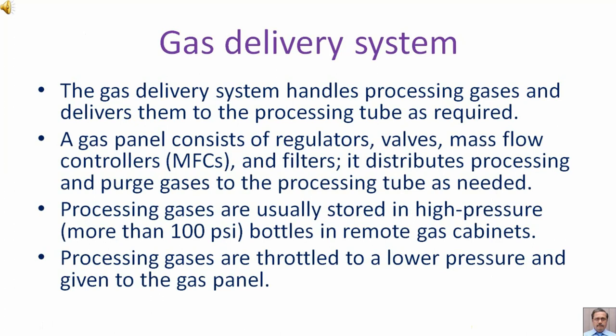It distributes processing and purge gases to the processing tube as needed. Processing gases are usually stored in high pressure bottles in a remote gas cabinet. Processing gases are throttled to a lower pressure and given to the gas panel.